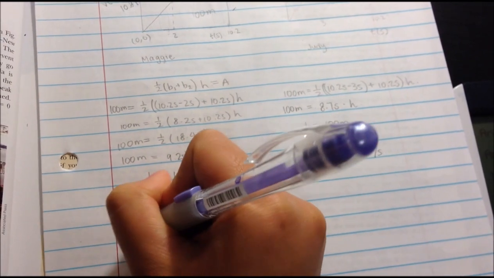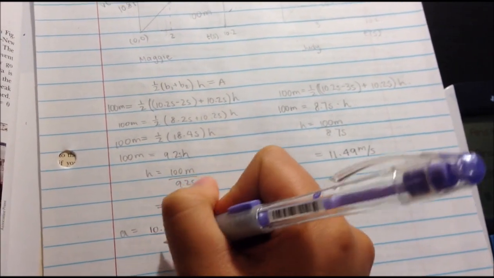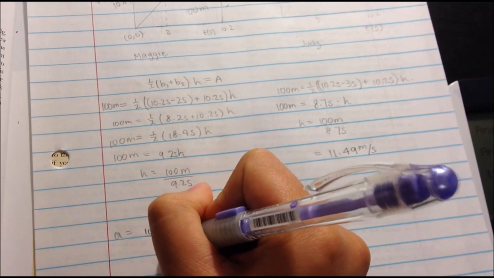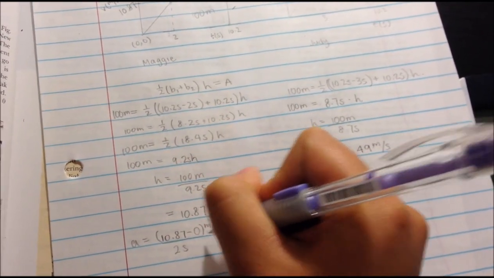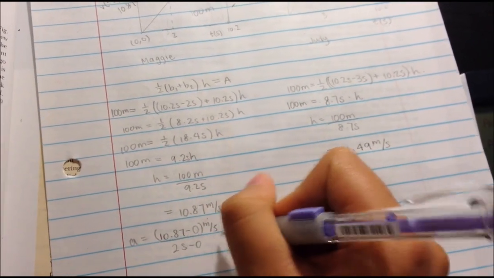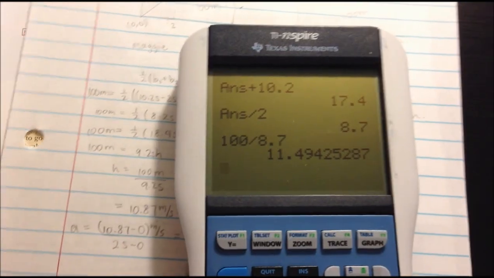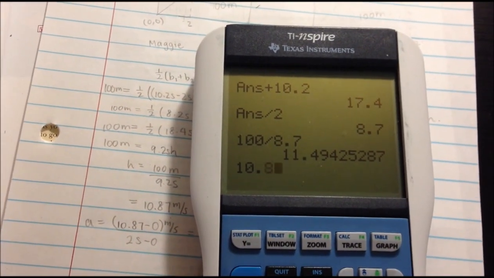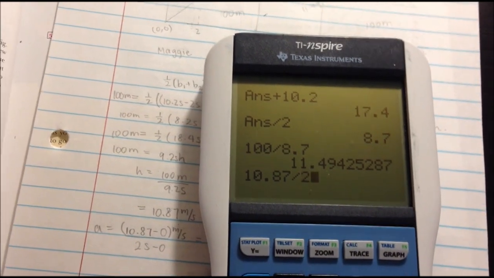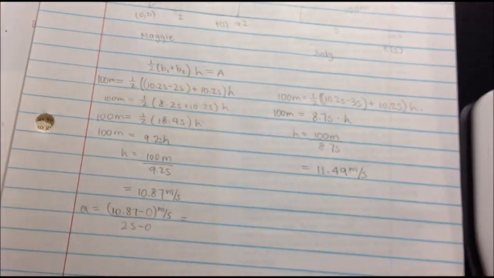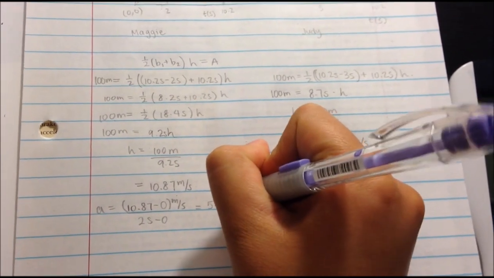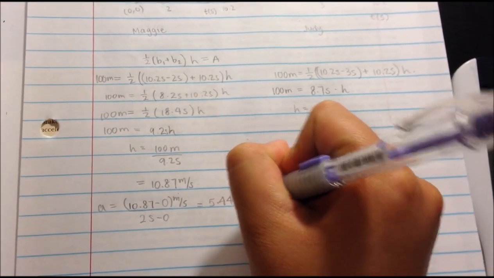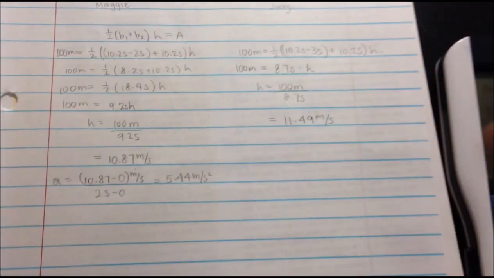The slope here is just acceleration. 10.87 divided by 2 is 5.44, rounding it, meters per second squared.